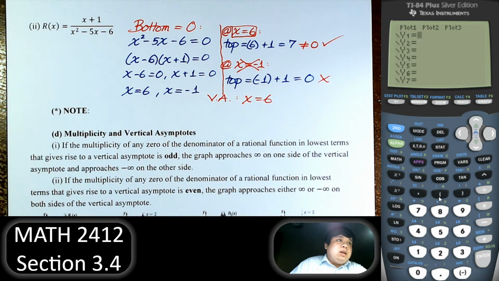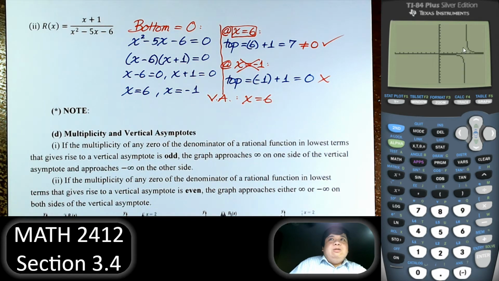So let's see, x plus 1 over x squared minus 5x minus 6. See the graph. As you see, there's the vertical asymptote at x equals 6 here, but at negative 1 it did not show at all.